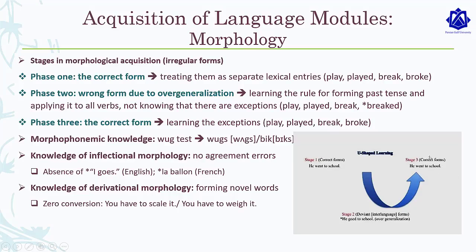So it is at stage 3 that we can say they have the morphological knowledge about past form, and that they are using the correct form consciously. They know what is the correct form, and they know the exceptions, and they know the rules.